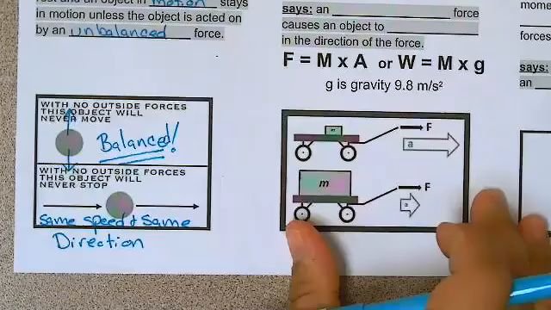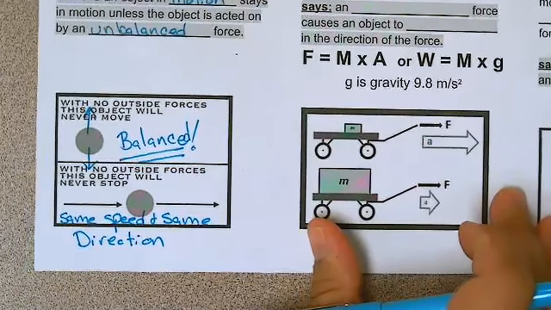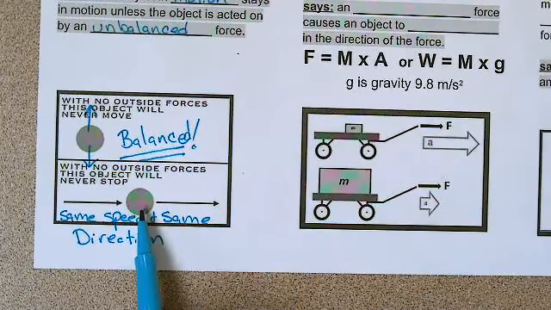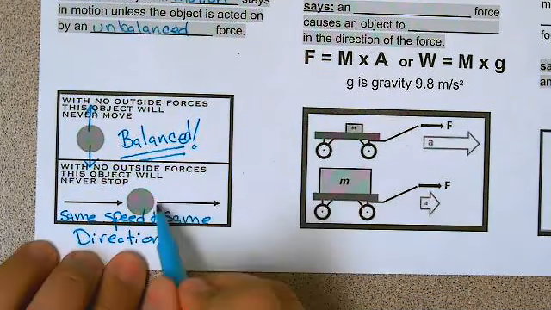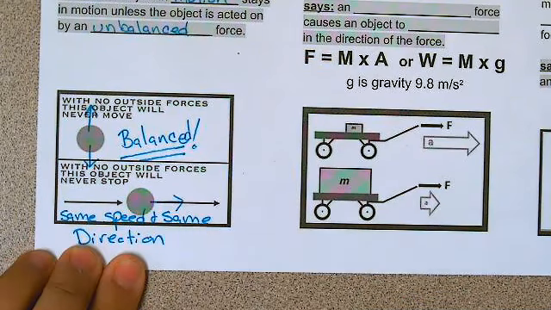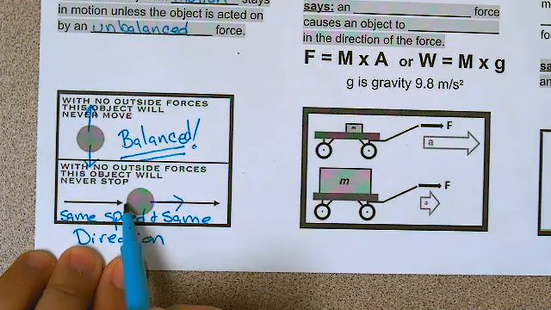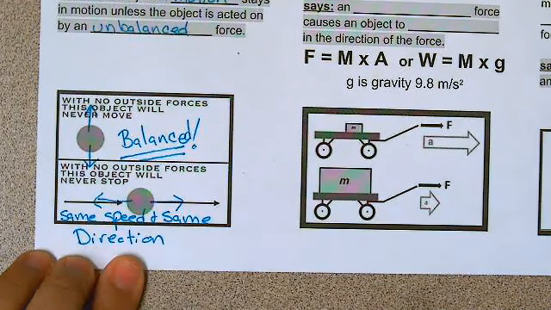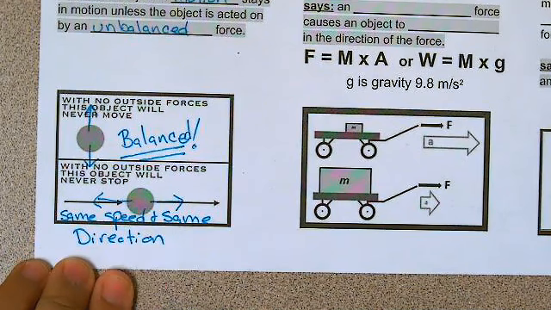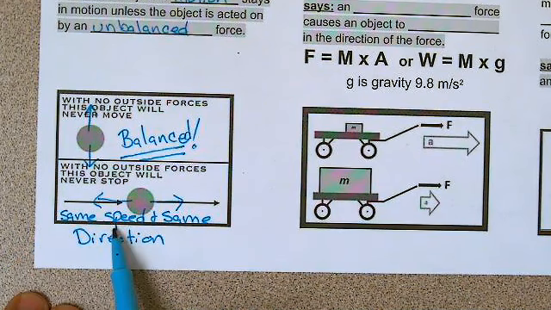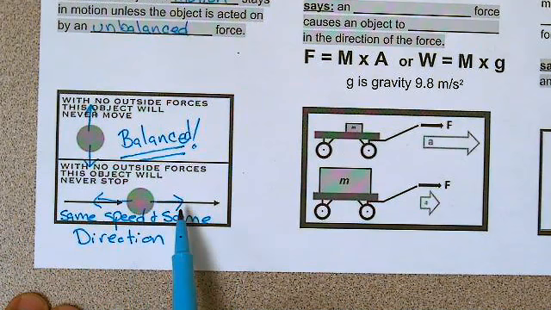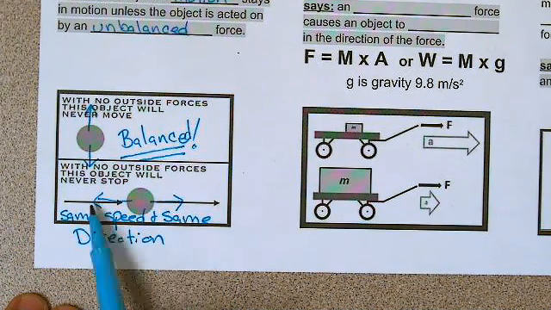Okay, the same thing with this ball that's rolling. The acceleration that it has in the forward direction is equal to the friction force in the other direction, so it ends up being at the same speed. So it does not have acceleration because these are balanced.